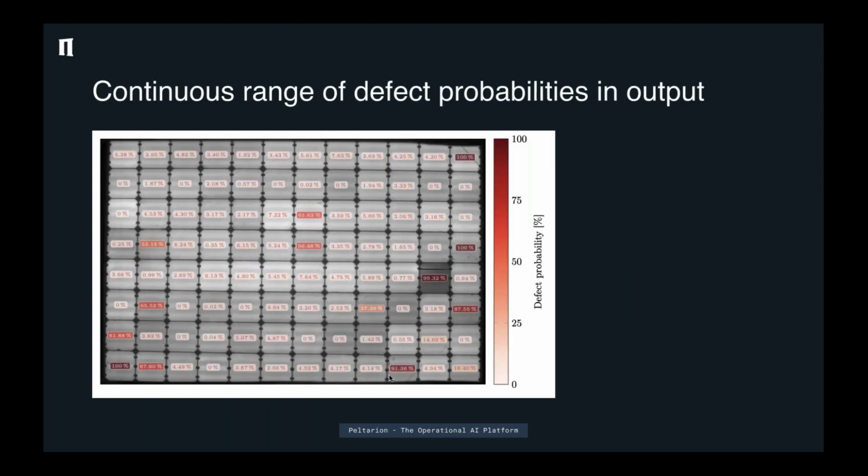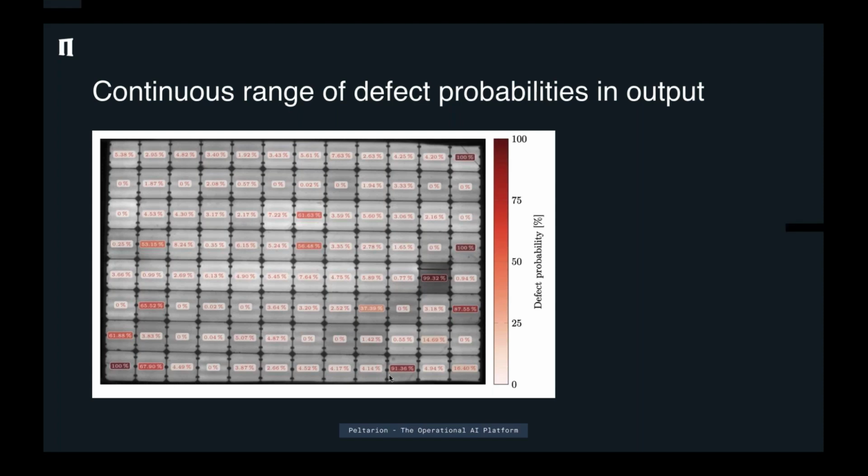And what their model that they arrive at in the end does is that for each image of a single solar cell, of which you have many here, their model will assign a probability between 0 and 100, or 0 and 1.